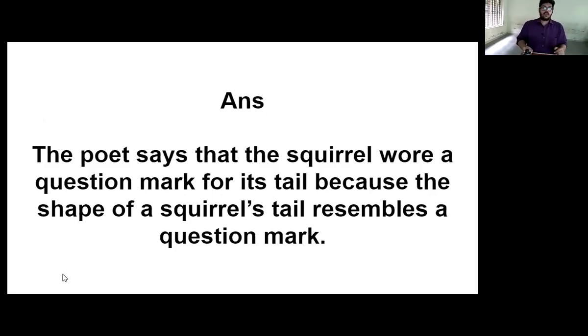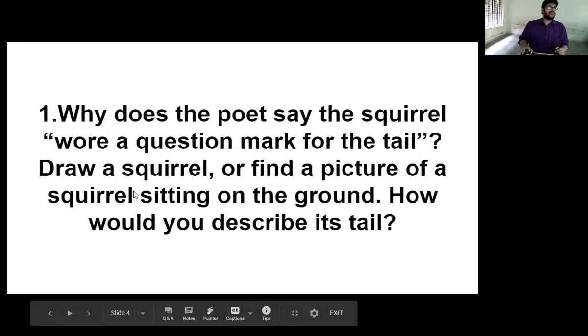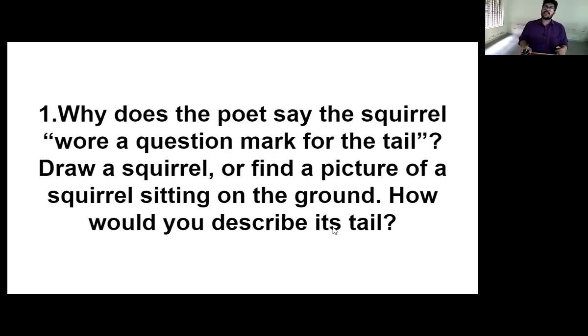Okay. So already I told you that there is another part for this question. Draw a squirrel or find a picture of a squirrel sitting on the ground. How would you describe its tail? So this is actually a follow-up activity for you. You have to draw the picture of a squirrel. So this is the follow-up activity of today's class. I know you are not well-known artists, but just try to draw a shape of a squirrel.